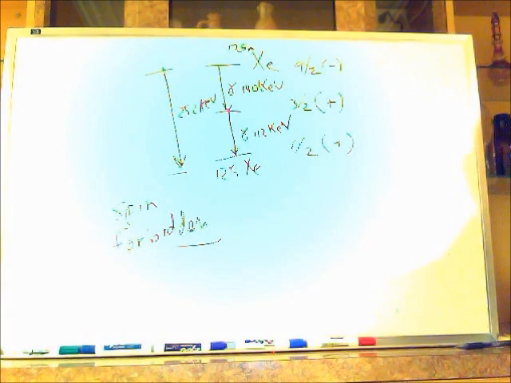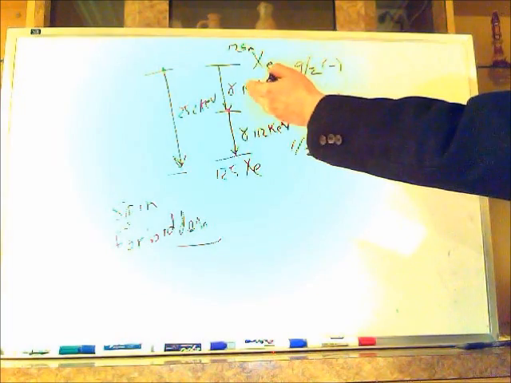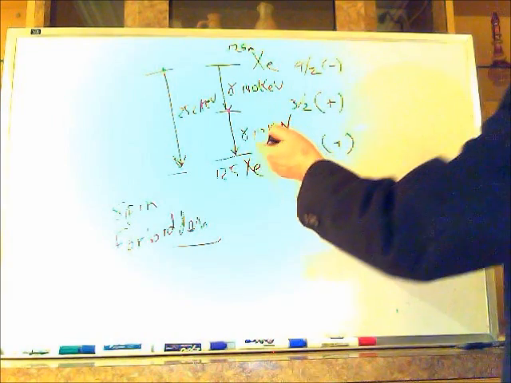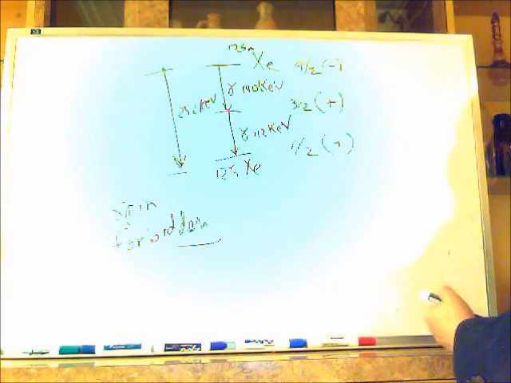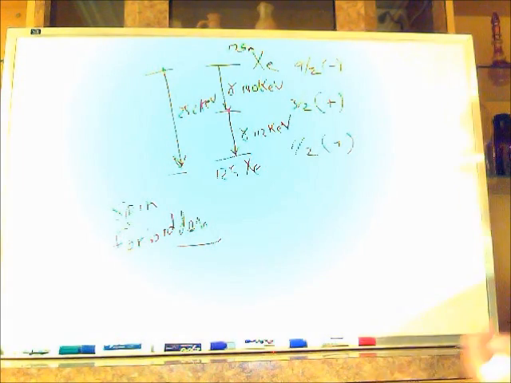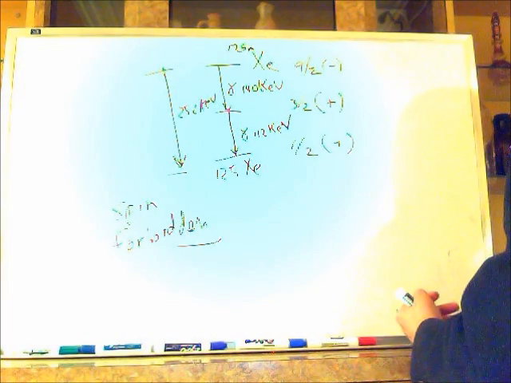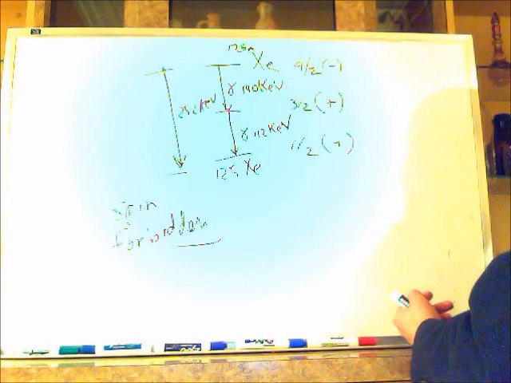What we do see is that when a nucleus changes from one spin state to another, energy is always being released. Going from here to here, energy is being released as a gamma photon. Going from here to here, energy is being released as a gamma photon. Sometimes, though, it's not released as a gamma photon. It could be released by a K-shell electron being emitted. When that happens, we call that process internal conversion, and we call the emitted electron a conversion electron. Most likely the electron is going to come from the K-shell.